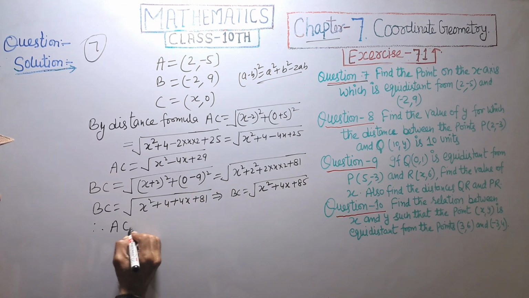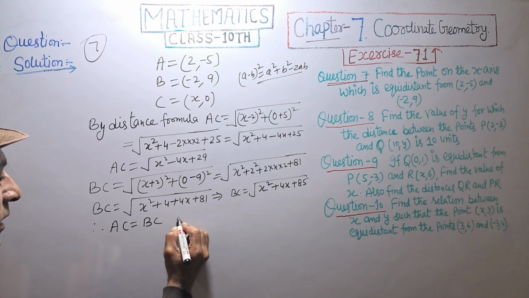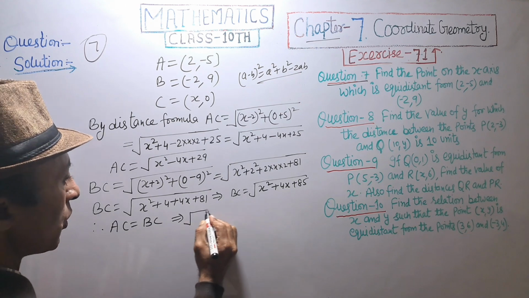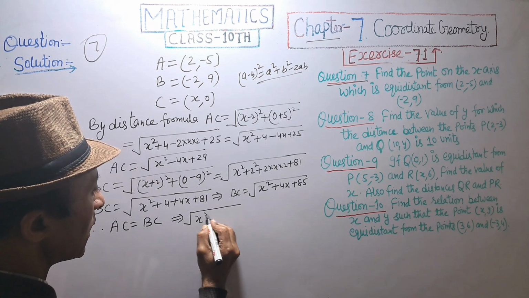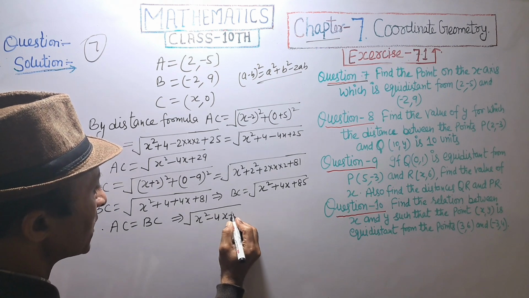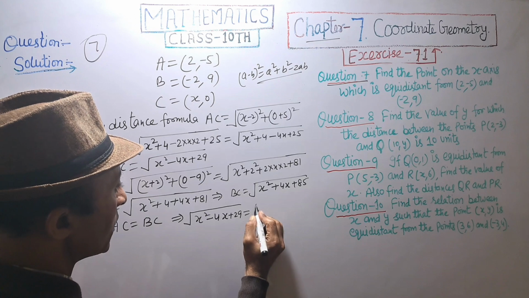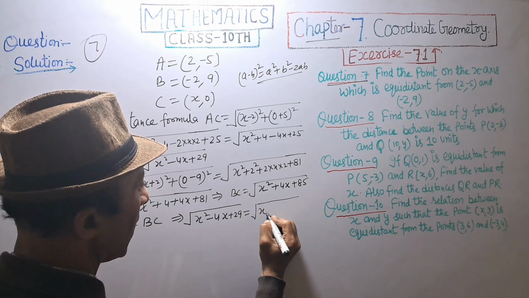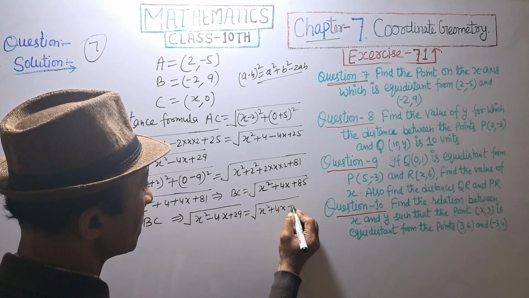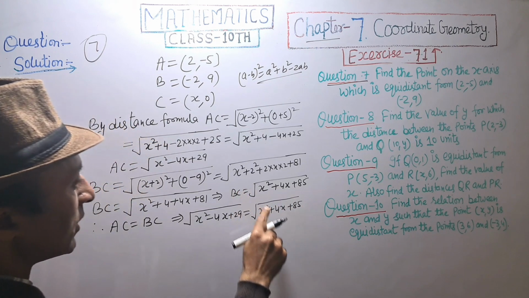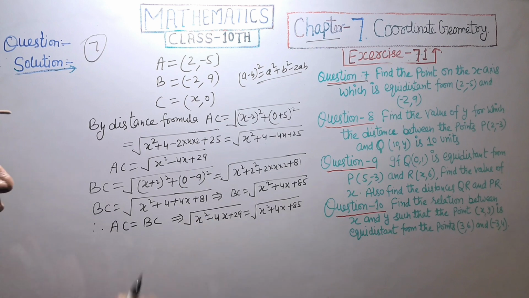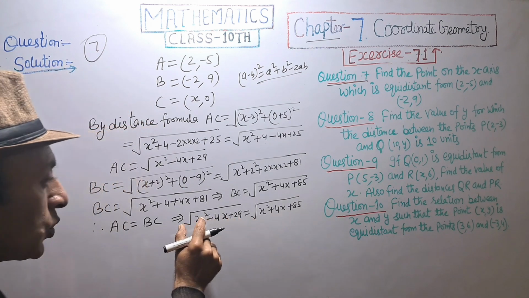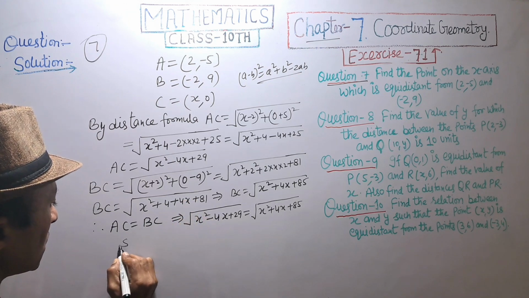So AC is equal to BC. This implies the square root of x squared minus 4x plus 29 is equal to the square root of x squared plus 4x plus 85. We find the value of x by squaring both sides.